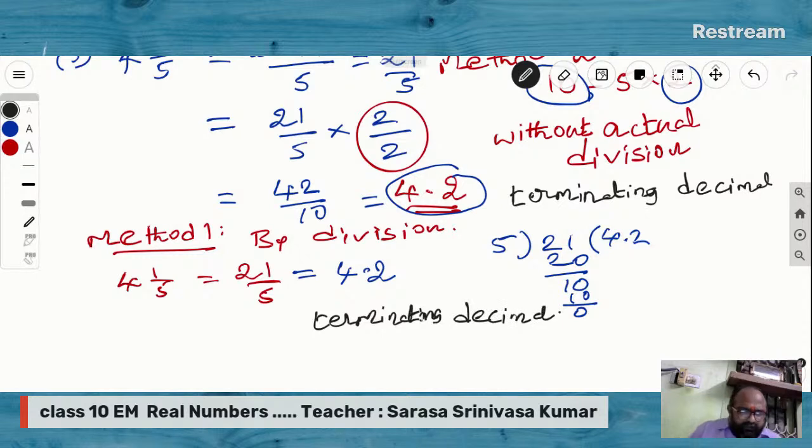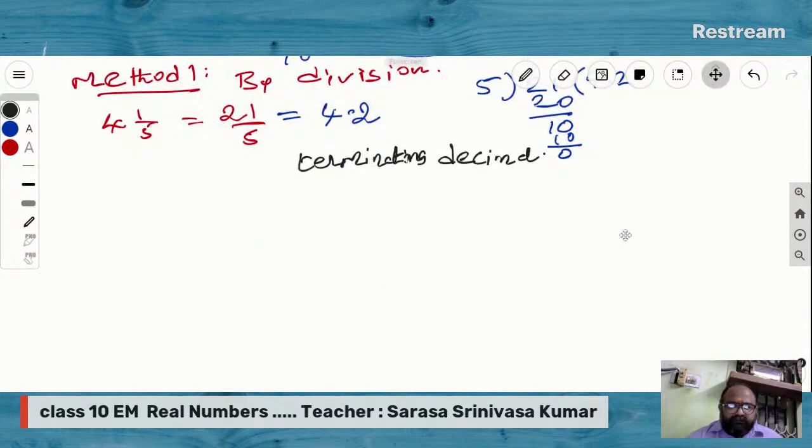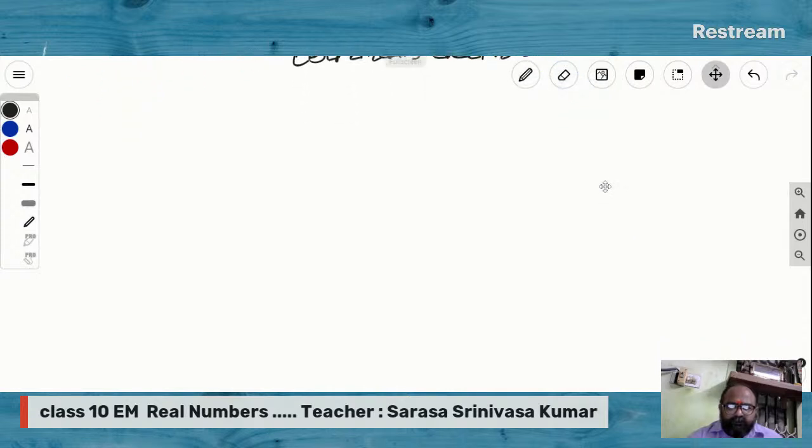So it is asked in the question whether it is a terminating decimal or a non-terminating recurring decimal. So we must state this, whether it is a terminating decimal or non-terminating decimal. Now we consider the next problem.